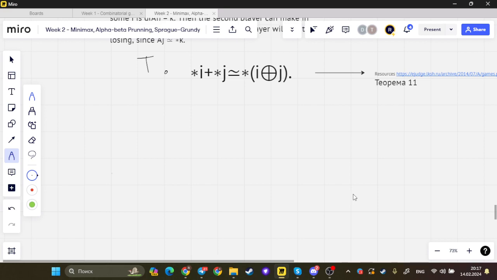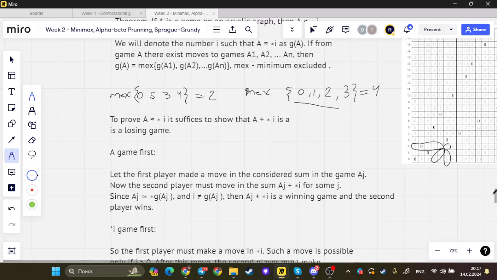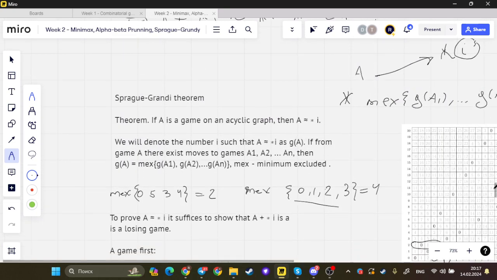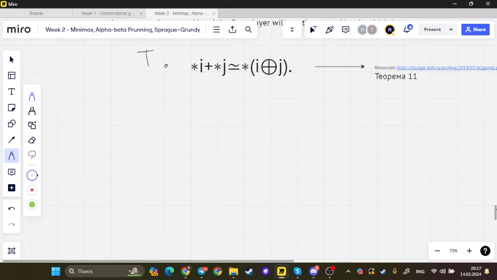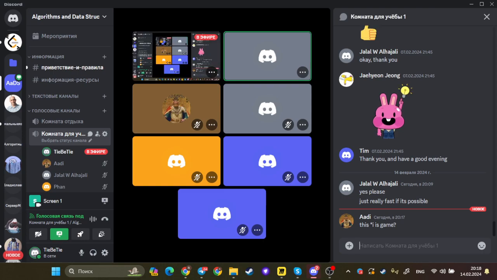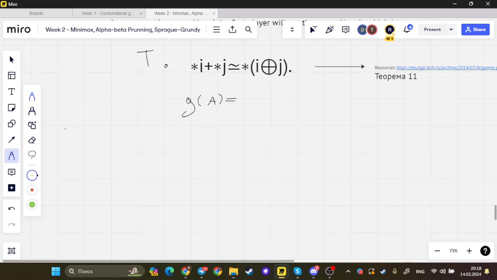Okay. To prove this theorem, we need to use the previous theorem. That is, GA is equal to this star E, the nim game on E stones. We have only one pile, and here E stones.